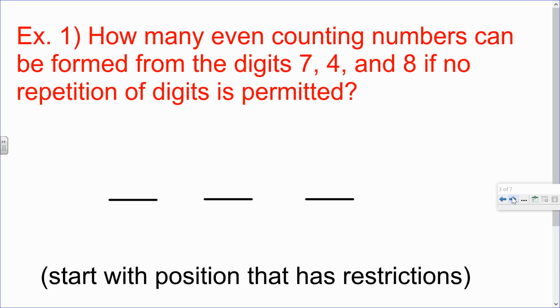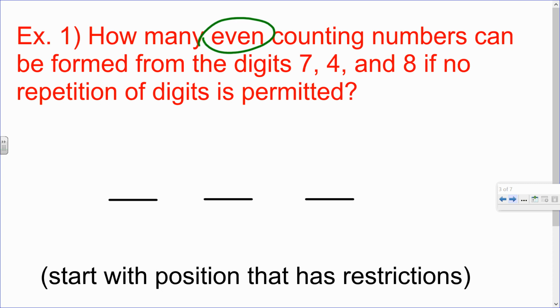What's the other word in there that gives us another restriction on the kind of numbers we can form? Chloe? Even. So we need to have even numbers, and we can only use 7, 4, and 8. So if a number has to be even, is that a restriction on the hundreds digit, the tens digit, or the ones digit? Aiden?